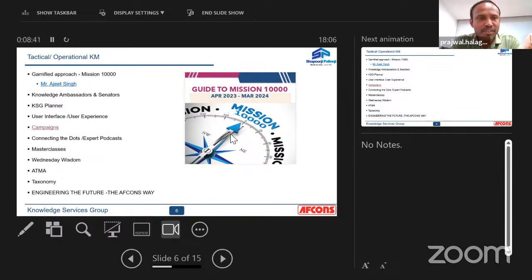This gamification was developed by Mr. Rudolph D'Souza from FCONS. I think most of you have interacted with him, and you know Mr. Rudolph sir. Mission 10,000 acts like a barometer which shows how the project is contributing towards the knowledge activities. With that gamification, our entire projects are competing with each other.